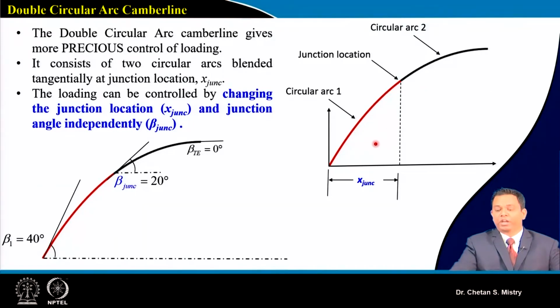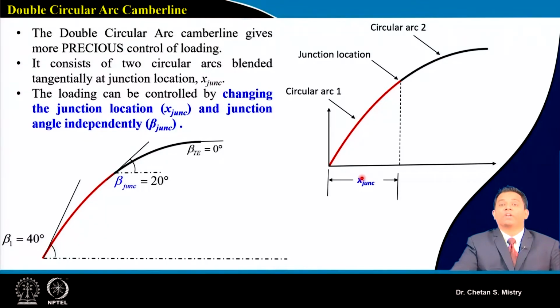Here, this is representing the double circular arc camber line. I have one circular arc and this is my circular arc 2. At some location I define a junction. So this is my junction point.